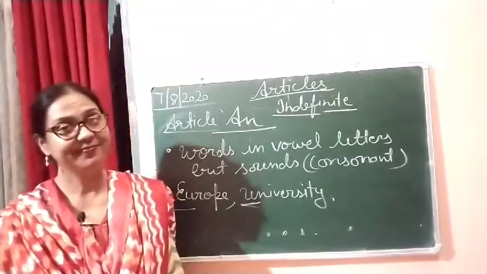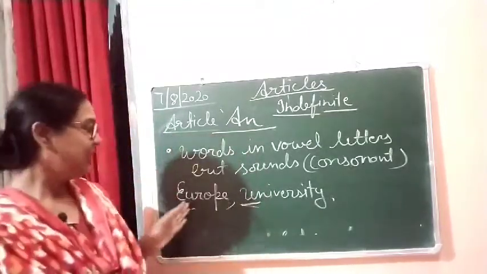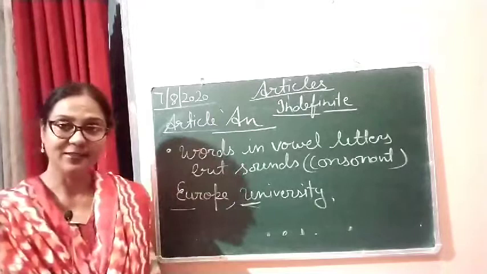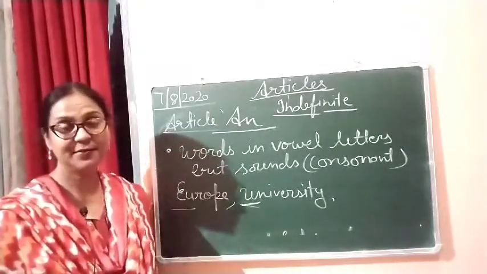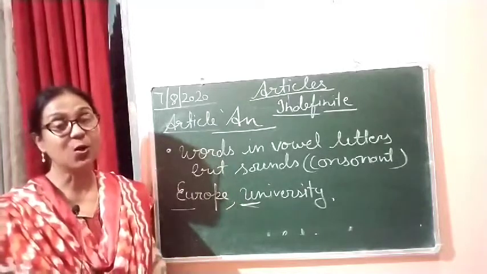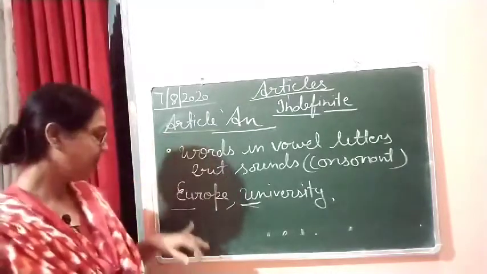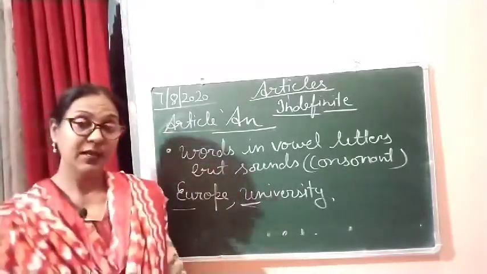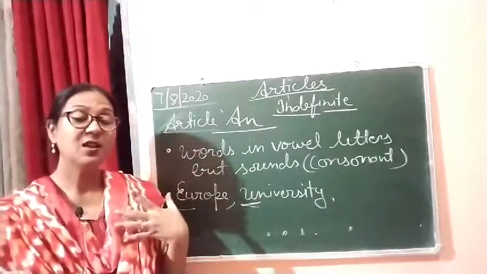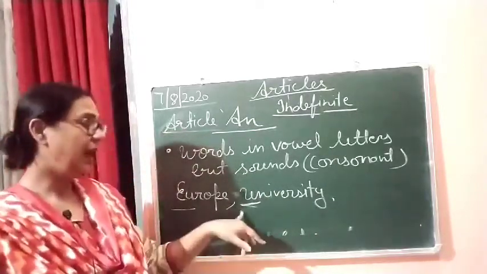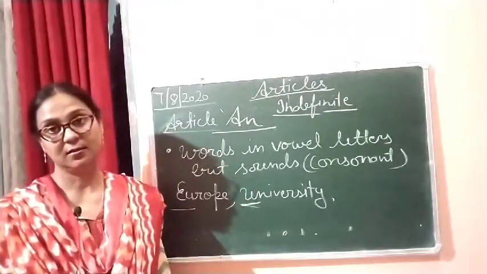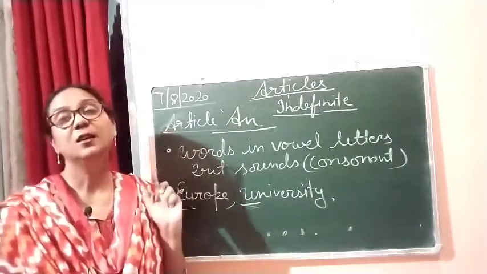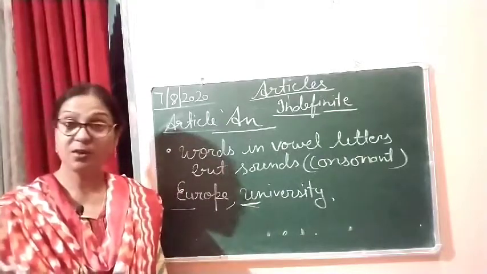So both start with vowel letters. But what about their sound? Their sound is a consonant sound. Europe is pronounced "yurope", and university is also pronounced with "yu". "Yu" is a consonant sound, not a vowel sound.